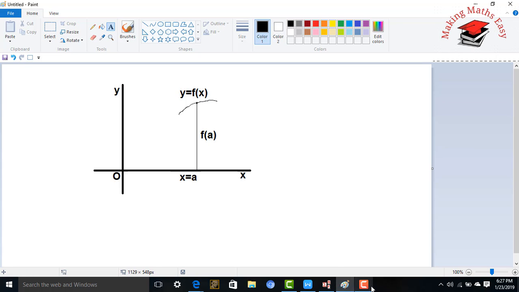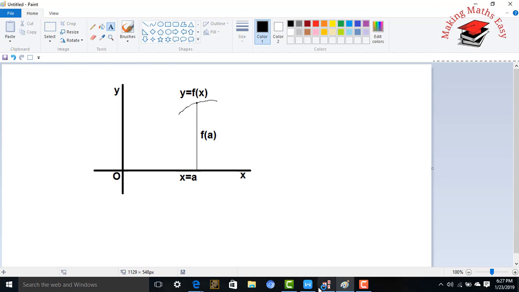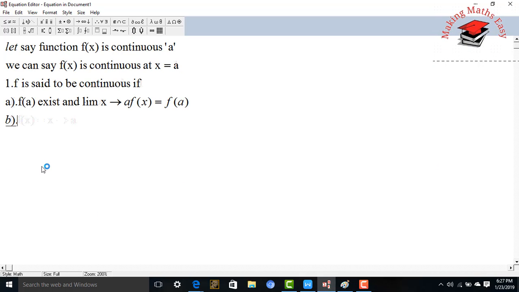So in order to satisfy this condition, the second condition is that the limit of f of x as x tends to a minus is equal to the limit of f of x as x tends to a plus, which is equal to f of x.